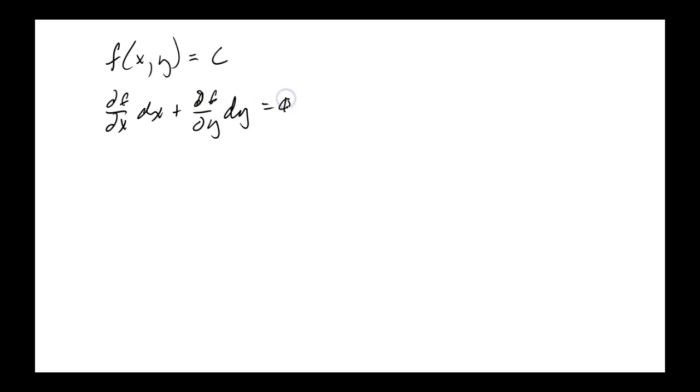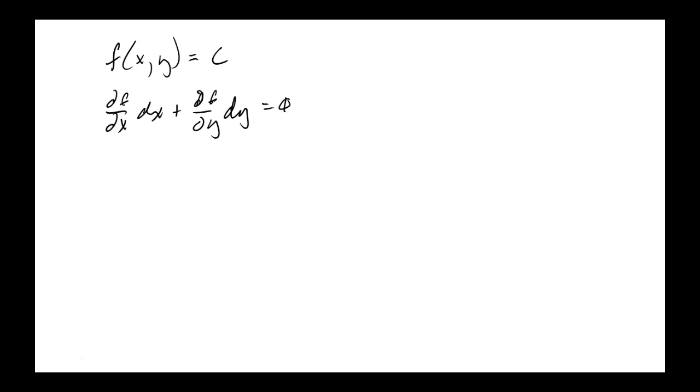That's going to be 0. If you take the total derivative of the left-hand side, it's the partial of f with respect to x dx, and then you do the partial of f with respect to y dy. That's taking the derivative of everything you got here. The derivative of the right-hand side is 0. That's where we started this whole process.